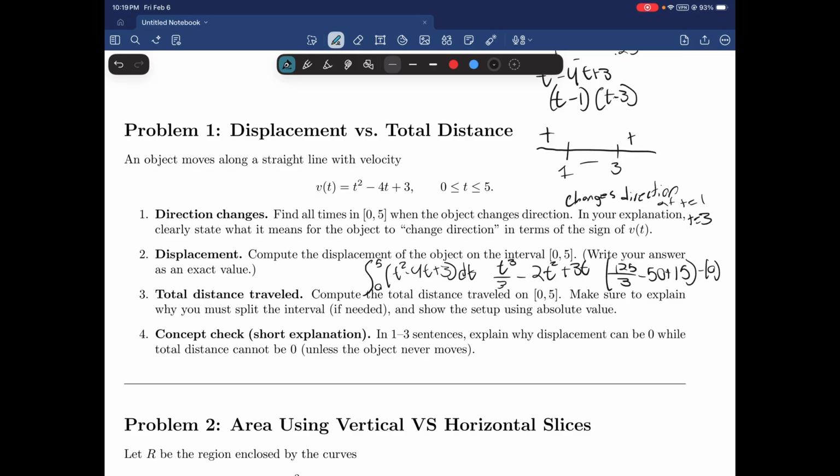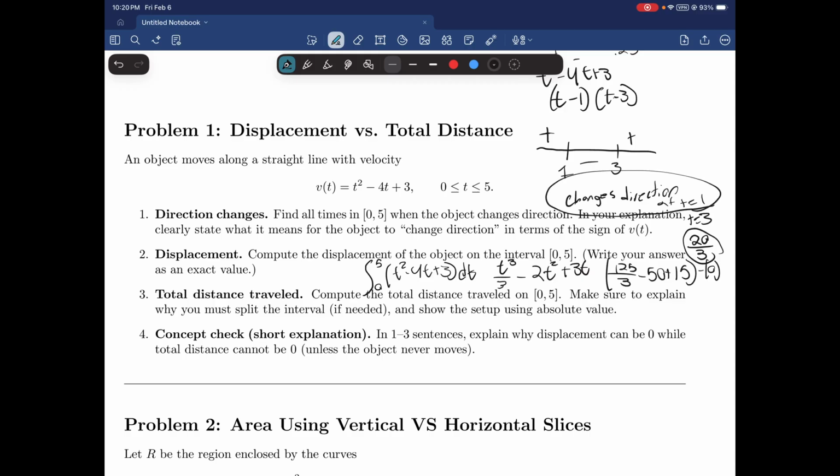Okay, I'm going to calculate that. 125 divided by 3 is 41 point bunch of 6, minus 50 plus 15. And then let's turn that into a fraction. So 20 thirds. So that's that.